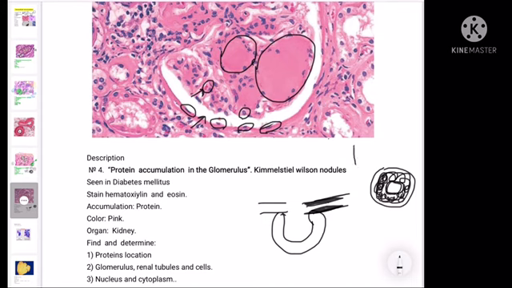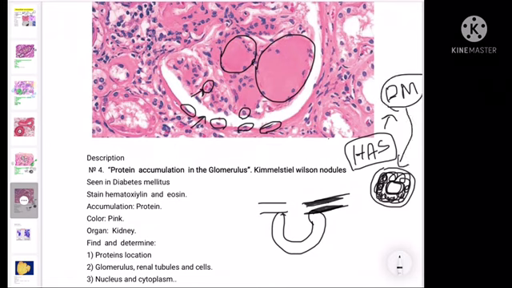What is this condition called? This condition is called hyaline arteriolosclerosis, the protein deposition into the layer. And this one is specific for diabetes mellitus patients. So in a patient suffering from diabetes mellitus, we can find such vascular problems.